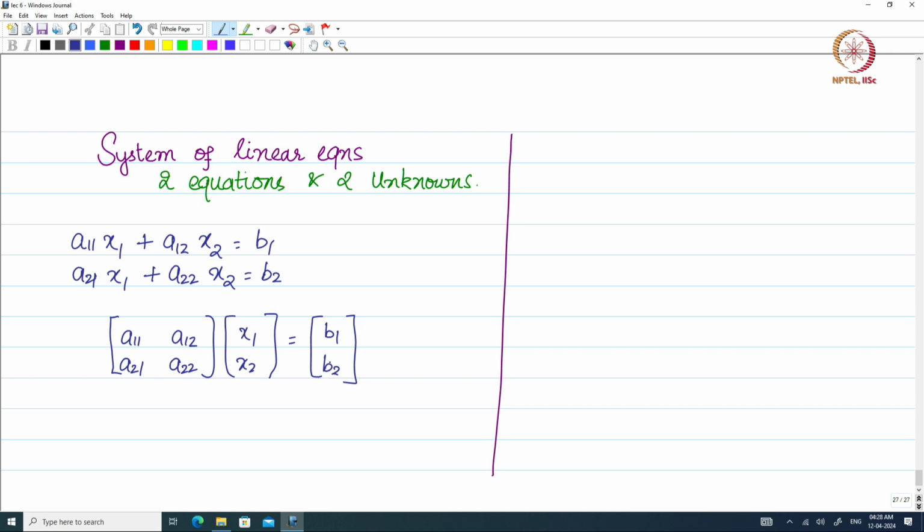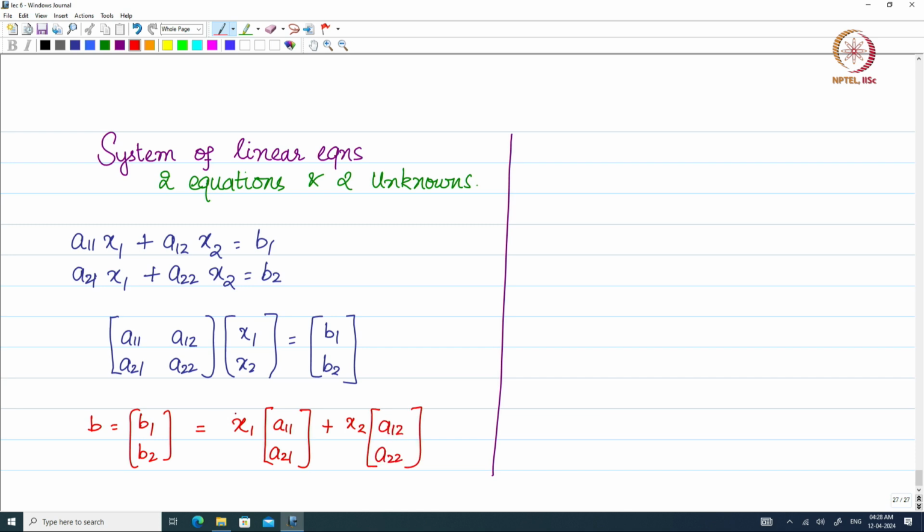Now, we are going to do something interesting here. We are going to say that the vector b, which is b1 b2, represented by these 2 components, can be written as a linear combination of the columns of the matrix A, where I am going to write this as x1 into A11 A21 plus x2 into A12 A22.